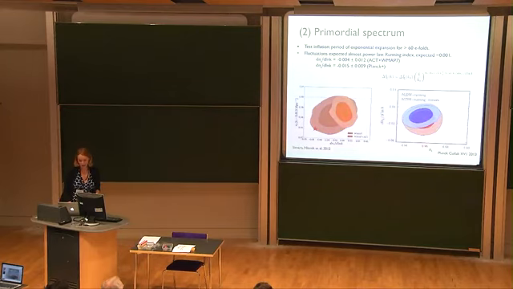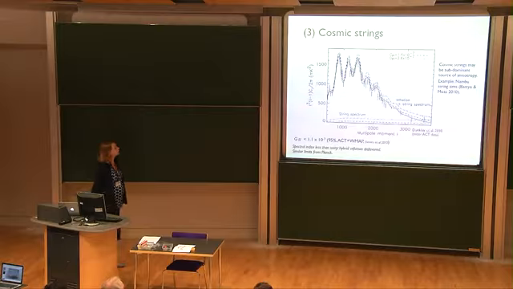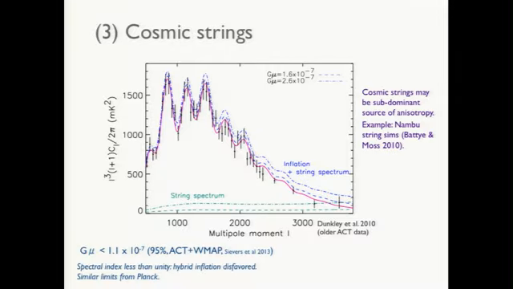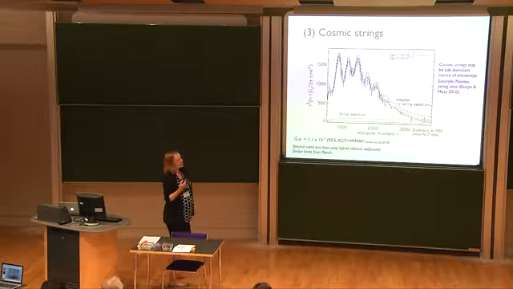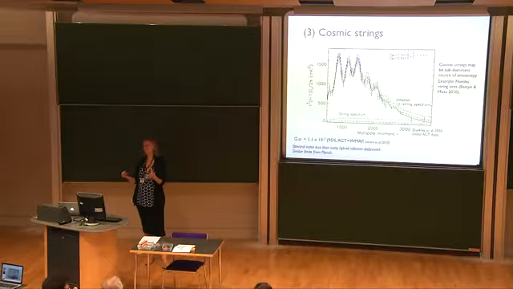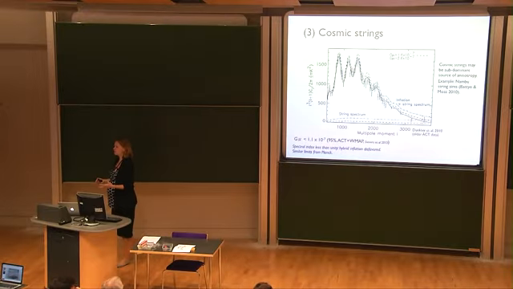Okay, and the last example I want to give from the primordial CMB is cosmic strings. I said that one of the things you can probe at small scales is fluctuations beyond just adiabatic fluctuations. This is a busy plot, I realize, but I want to remind people how that's done. We know that cosmic strings cannot be the primary source of fluctuations.